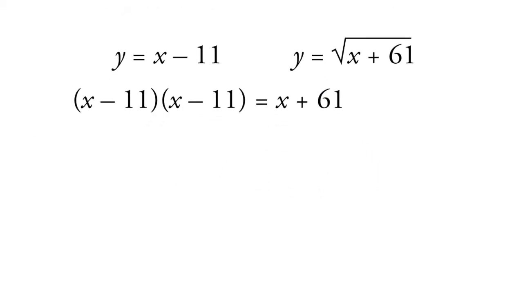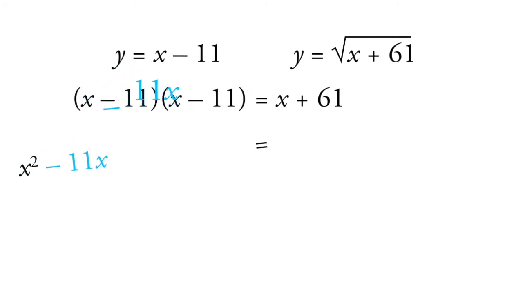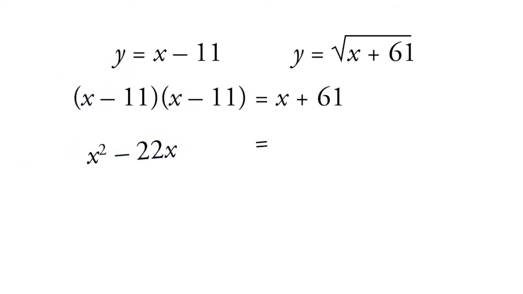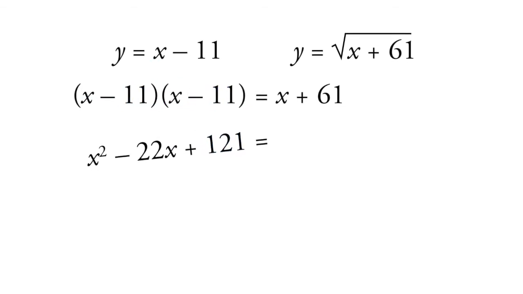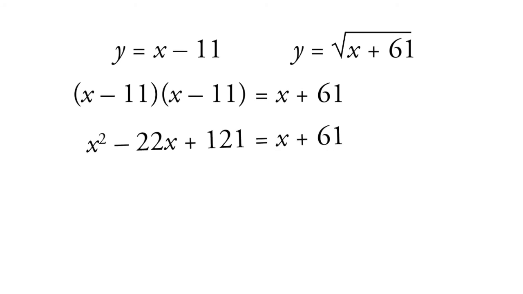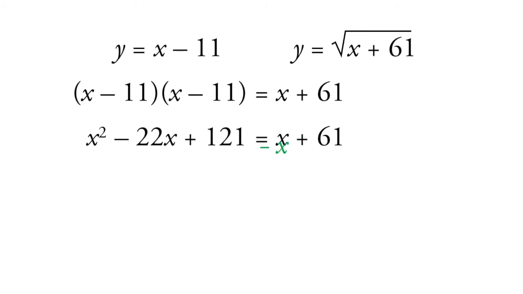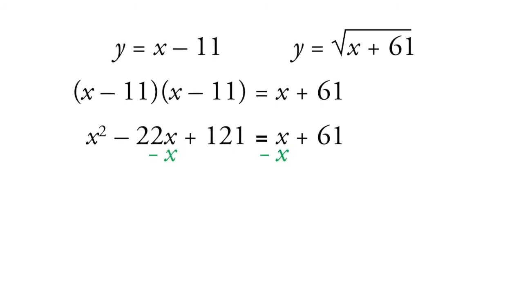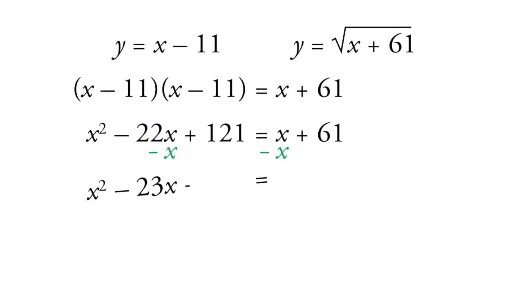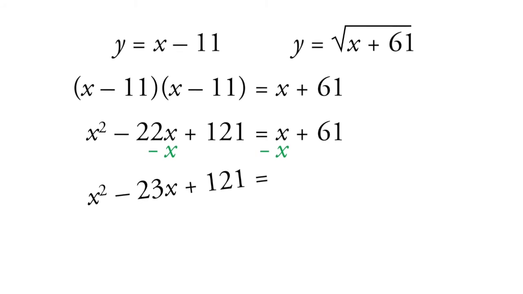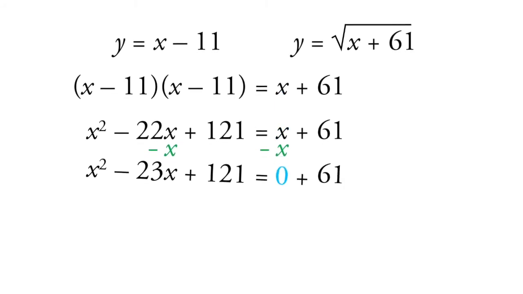And we'll work that whole thing out and we'll realize that's x squared minus 22x plus 121 is equal to x plus 61. And we'll subtract x from both sides. We get x squared minus 23x plus 121 is equal to 61.